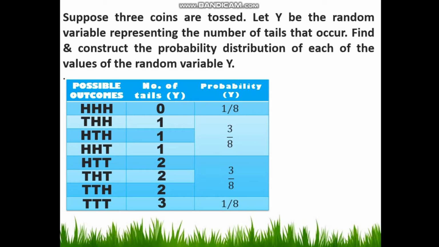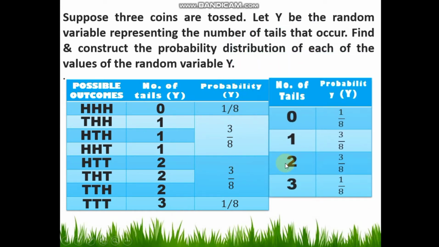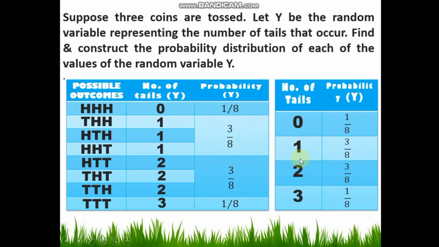So, if we want to sum it up, you can just write the number of tails or your random variable and the probability. So you have your 0, 1, 2, 3, your number of tails or your random variable, and then the second column is the probability. Their corresponding probabilities: 1 over 8, 3 over 8, 3 over 8, and 1 over 8.